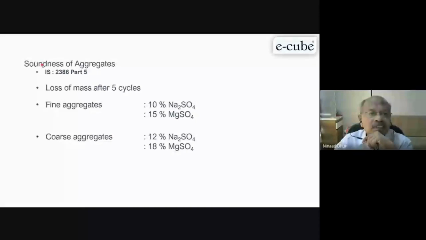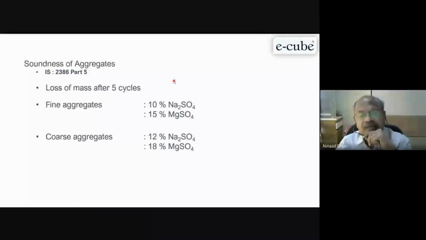Now there is part number 5 of IS 2386, soundness of aggregate. Soundness is nothing but when changes come in temperature as well as humidity. You get summer very hot, then winter very cool.